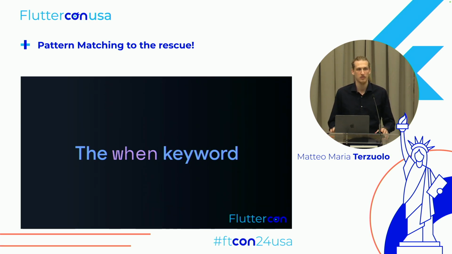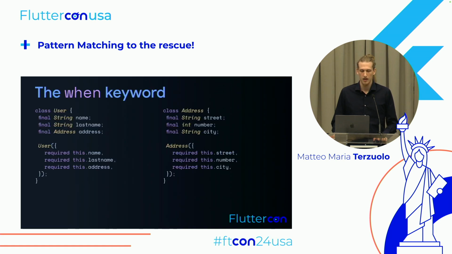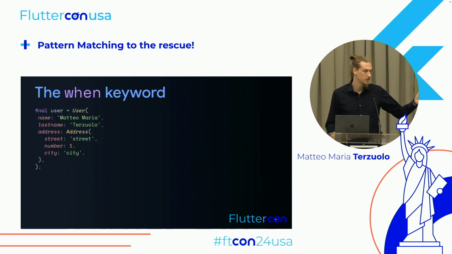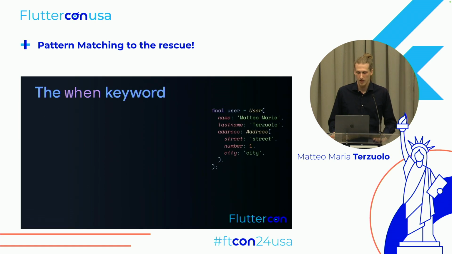A new keyword was added, the when keyword. How can we use it, and in which cases is it more useful? Take, for example, those two classes, a user that has an address, and I just filled that class.